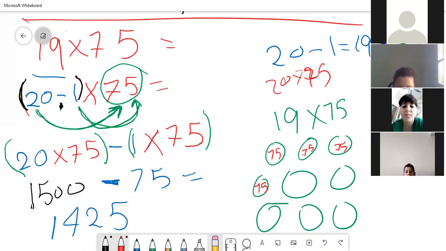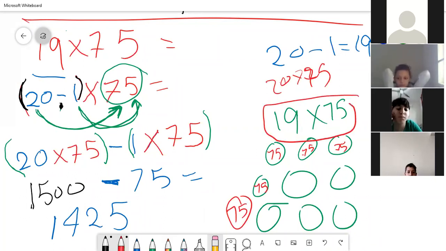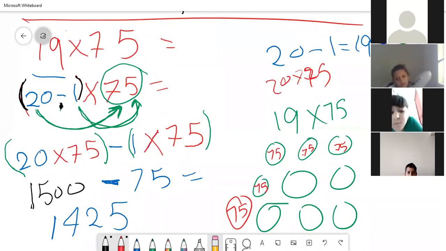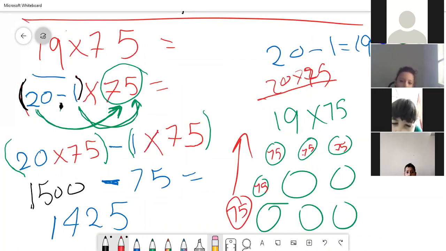So you will take away one group, which is 75. So 19 times 75 is the same as 20 times 75 minus one group. You take one group, means 20 minus 1.